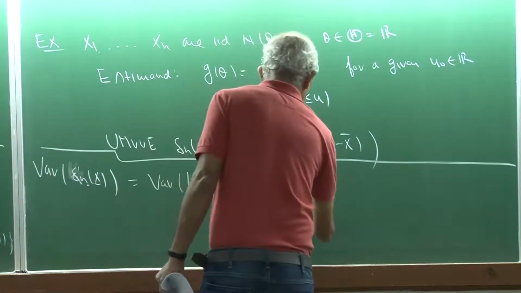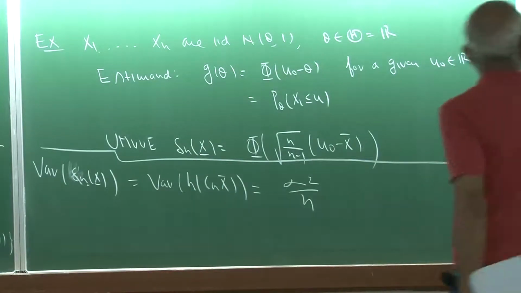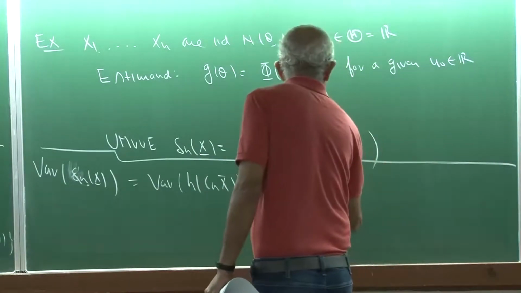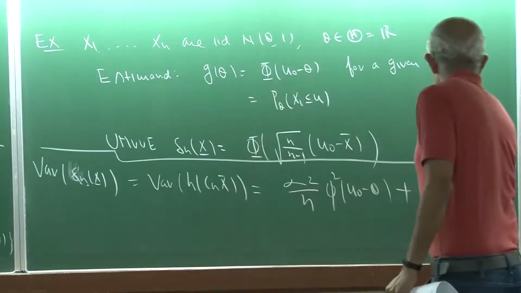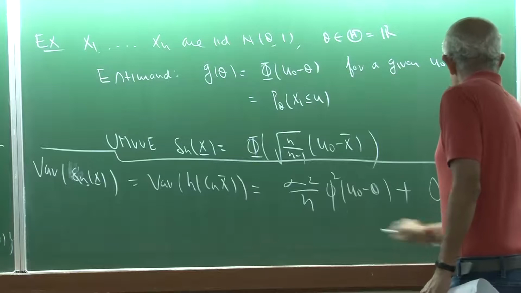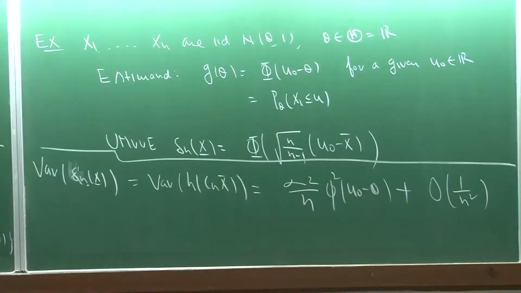So sigma square by n, h prime mu is phi of u naught minus theta, so phi square of u naught minus theta plus big O of 1 by n square. So you could get the expression of this. So very simple, once we had a ready-made formula from the last theorem, we could do that.